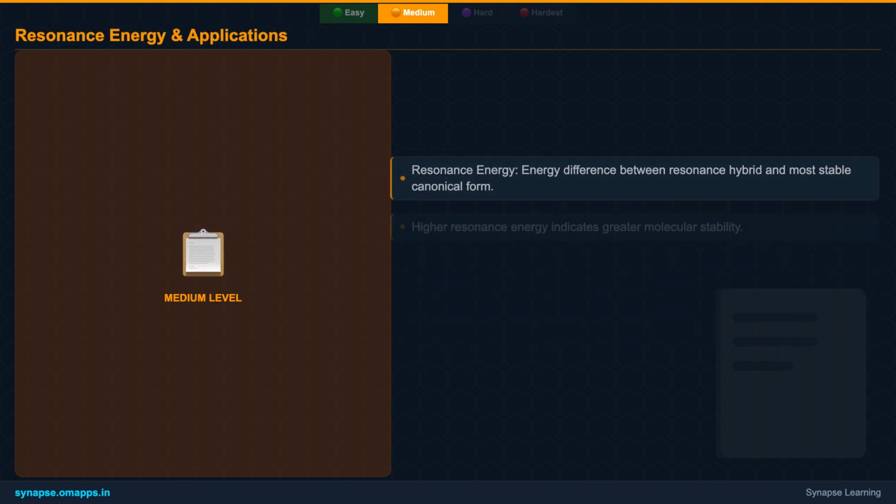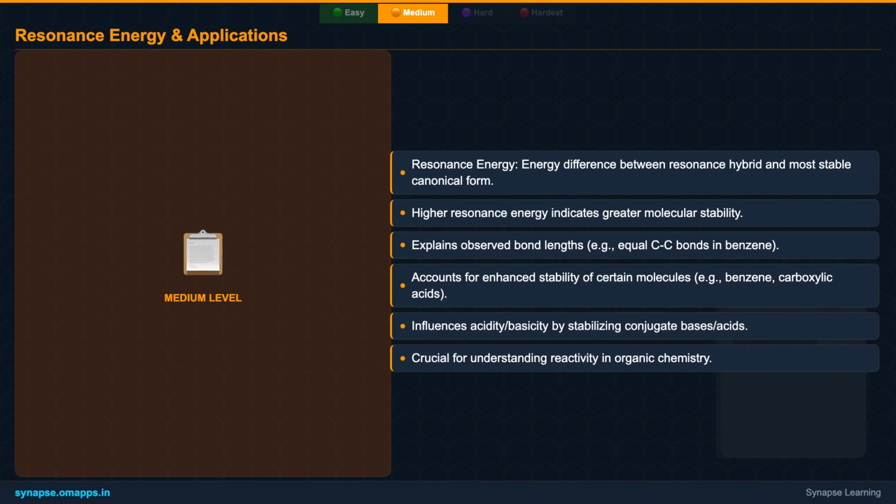One of the most important concepts related to resonance is resonance energy. This is the energy difference between the actual molecule, the resonance hybrid, and its most stable contributing canonical structure. A higher resonance energy signifies greater stability for the molecule due to electron delocalization. Resonance helps explain many observed phenomena.